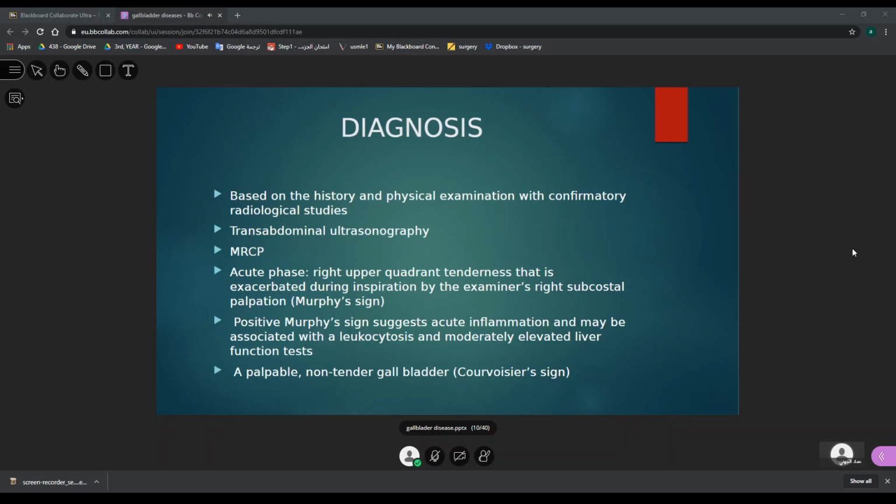This is called Murphy sign. So for Murphy sign, the doctor examines by putting his hand on the right upper quadrant, pushing with deep palpation, and with deep palpation the patient will stop the inspiration. Positive Murphy sign suggests acute inflammation and may be associated with leukocytosis and elevated liver function test. Palpable non-tender gallbladder.